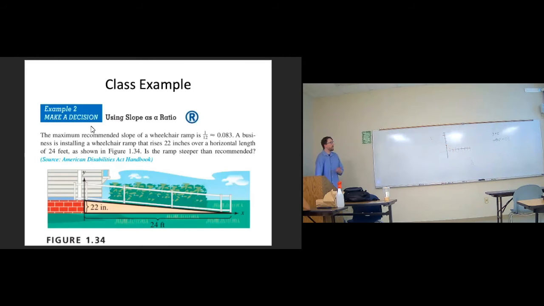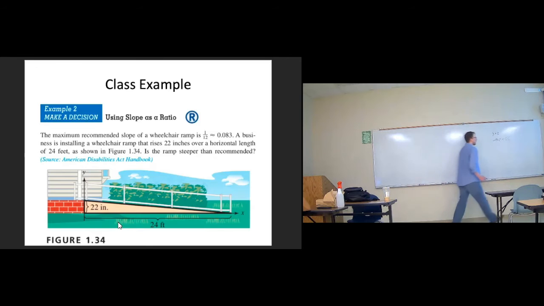So we have a physical example of just an inclined plane, or say a wheelchair, right? If we want to know what the slope of this plane is, we're going to have to first convert either inches into feet or feet into inches. Here it's going to be easier to go from feet to inches than it will inches to feet.